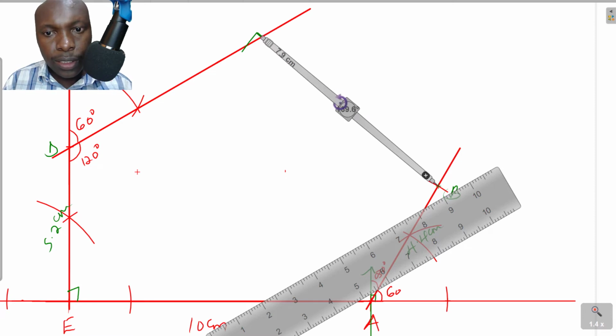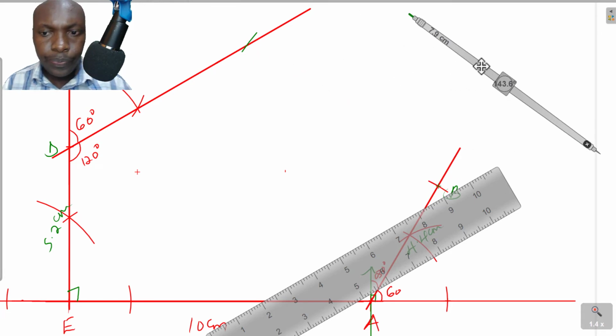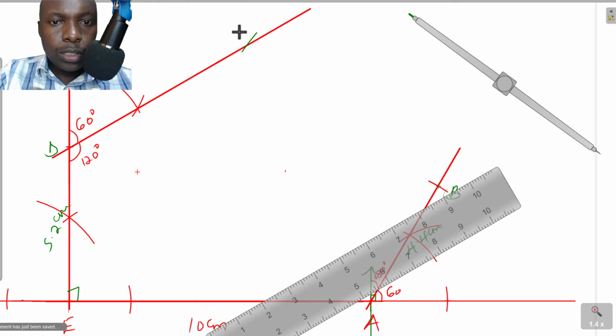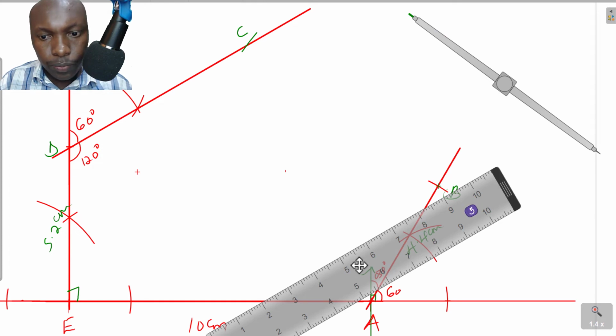So as you can see, that would be 7.9. So therefore, C will be here.